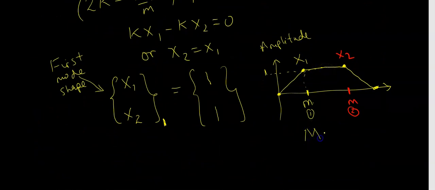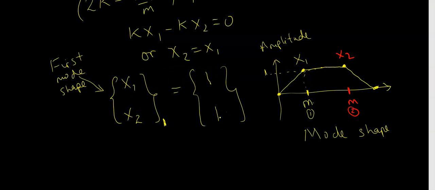Now, what does it mean if when x1 is equal to 1, x2 is equal to 1? Well, what that tells me is that the first mass in yellow oscillates in exactly the same phase as the mass in red. It means when x1 sees a maximum, x2 also sees a maximum. When x1 sees a minimum, x2 sees a minimum.